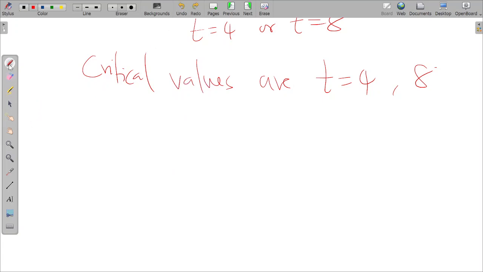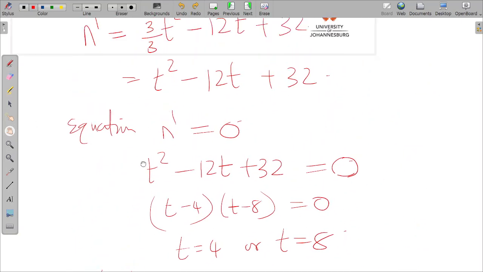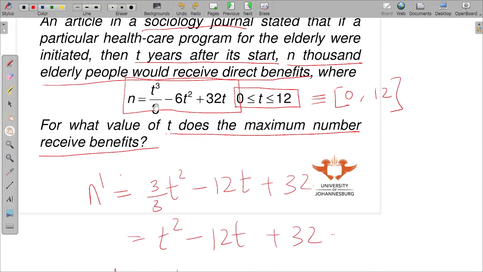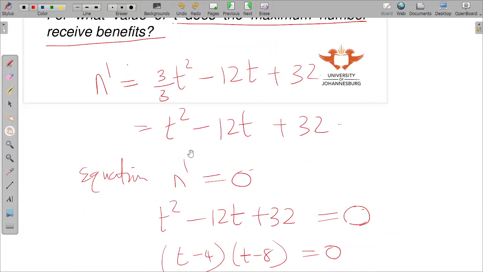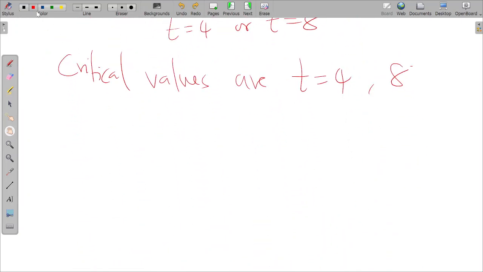So we just evaluate N at these points. I write my N again: N of t equals t cubed over 3 minus 6t squared plus 32t.